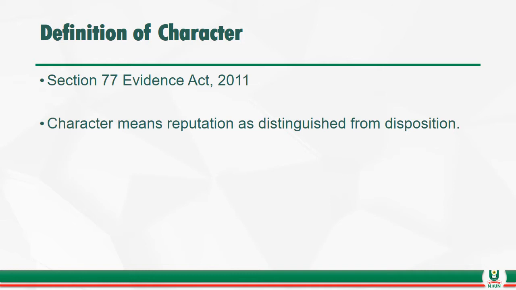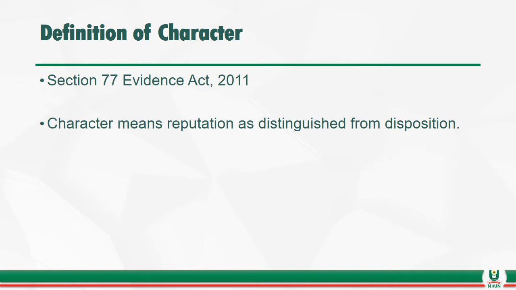Now if you look at that definition, it means that somebody may be of good reputation, but yet is of a bad character, because what the law is concerned with is the reputation of the individual.